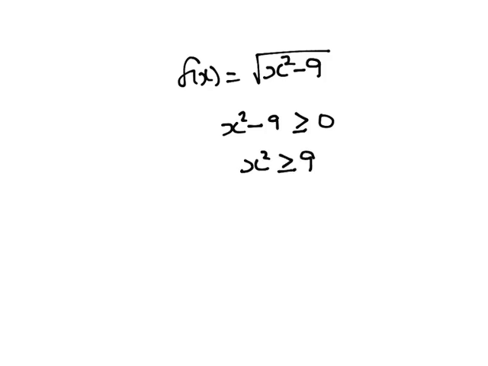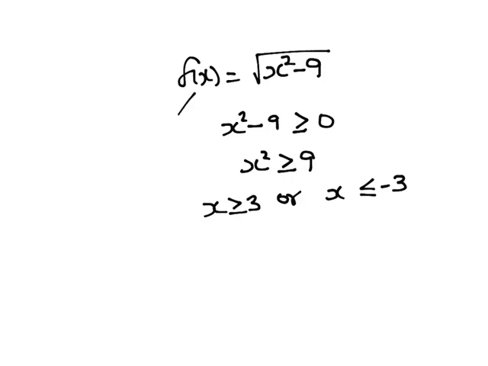Okay, we know that x square will be greater than or equal to 9 when either x is greater than or equal to 3 or x is less than or equal to minus 3. For example, take minus 4. When you square it, it will be greater than 9. If you take 4.1, again when you square it, it will be greater than 9.